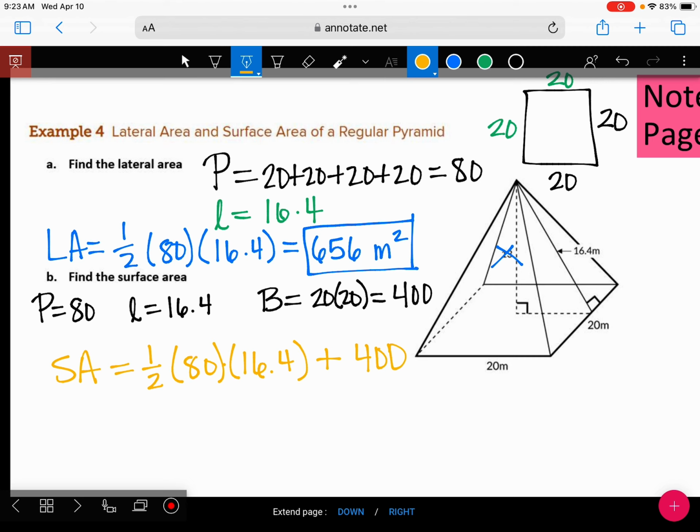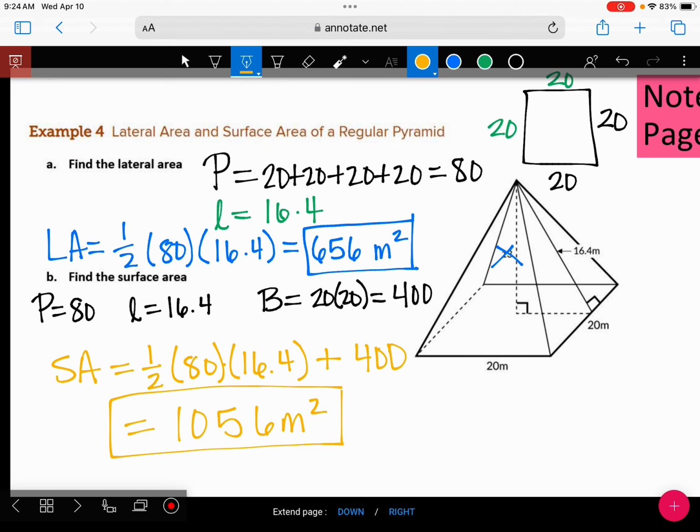Go ahead and type that in. Almost finished. I know it's a lot of formulas. So you should get 1,056 meters squared. Who got that answer?